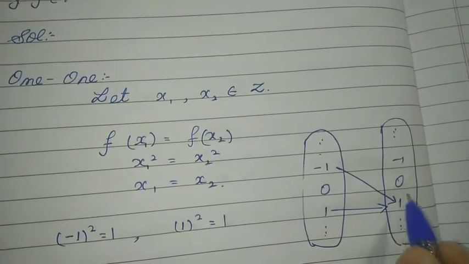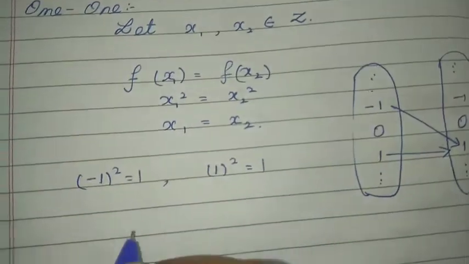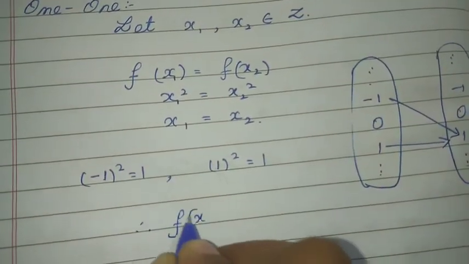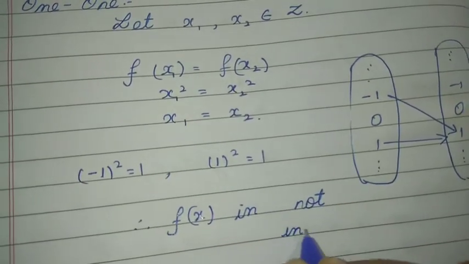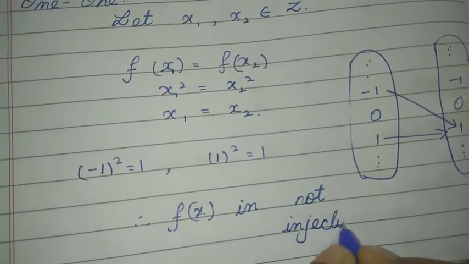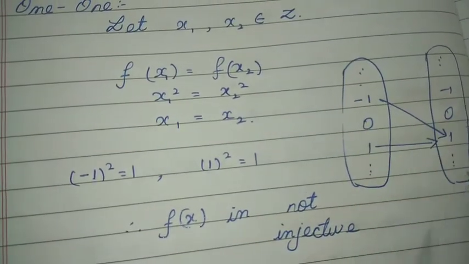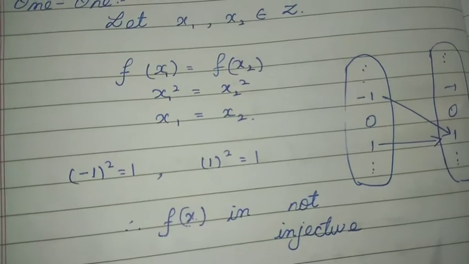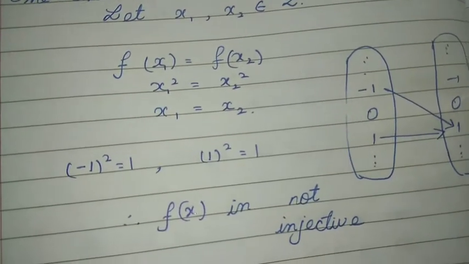So is this many 1 to 1? No, it is many to 1, isn't it? So therefore, f of x is not injective. Whatever number we take, minus 2 square also is 4, 2 square also is 4, isn't it? So we won't say that it is 1 to 1.